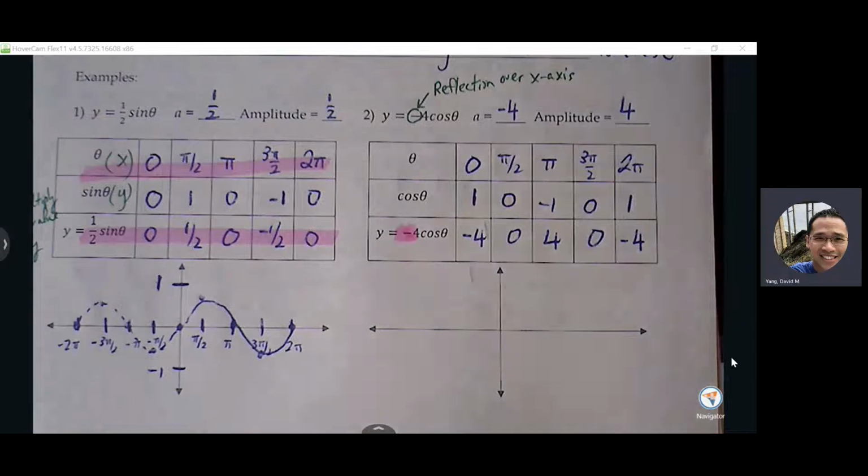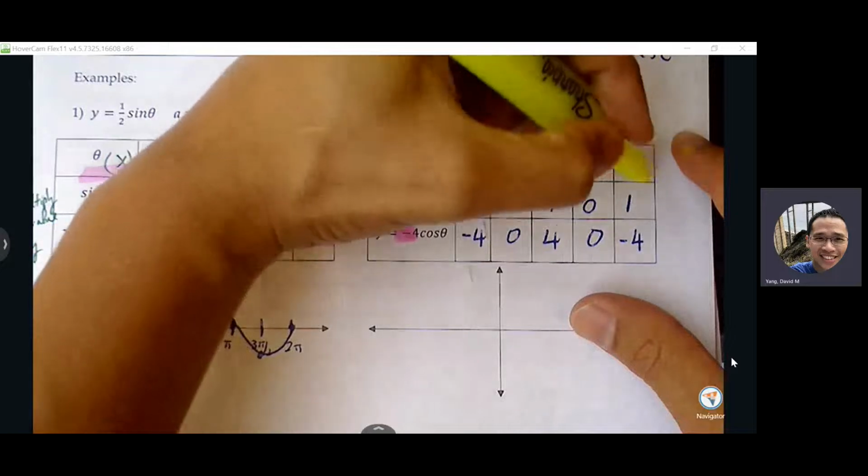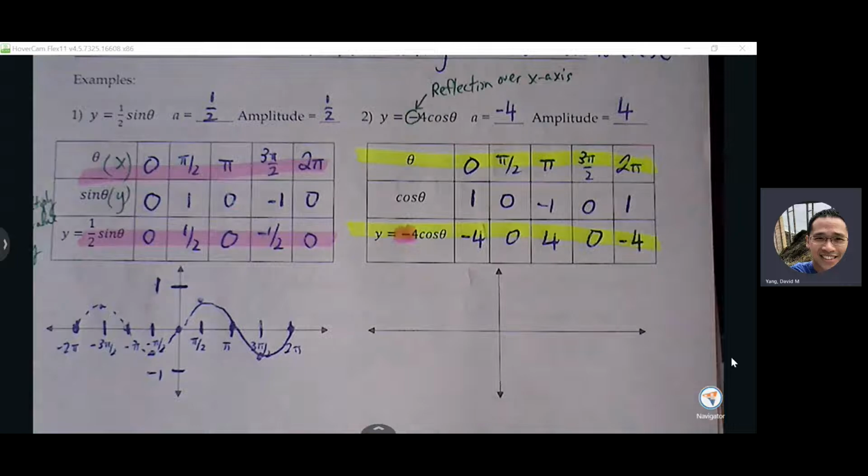So now that you've made your transformations, don't look at your middle row anymore. You're just looking at the top and the bottom. The top will give you the x, and the bottom is your new y value.